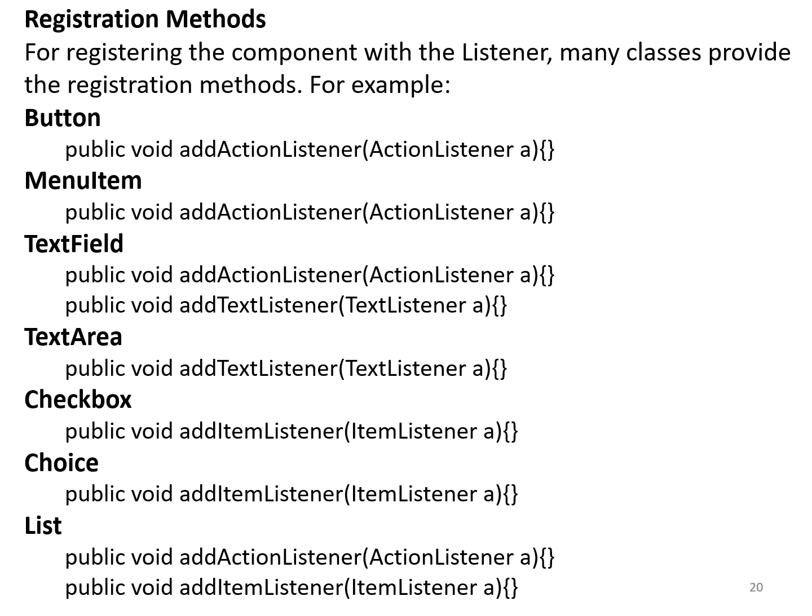When we are using a button, the method is called button.addActionListener. For a menu item, again we can use addActionListener. For a text field, we can use addActionListener. Text area, addTextListener. For checkbox, addItemListener. For choice, addItemListener. For list, addActionListener. So these are the different methods when you're talking about the registration methods.